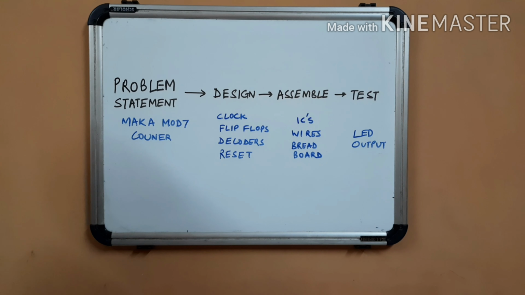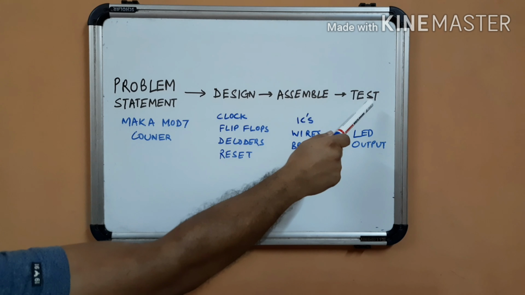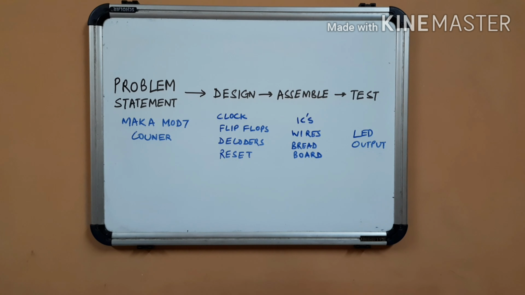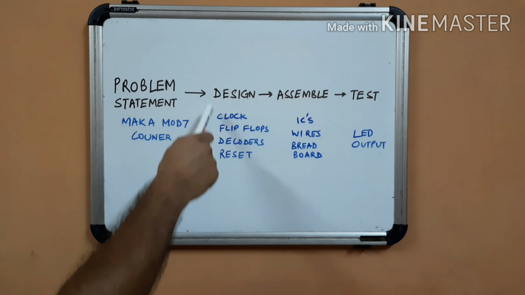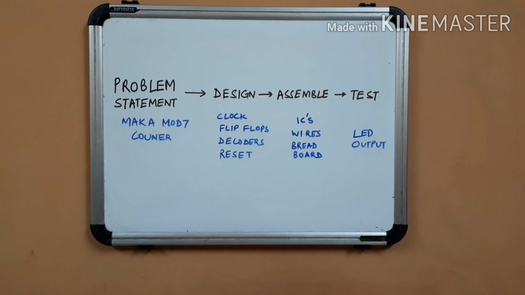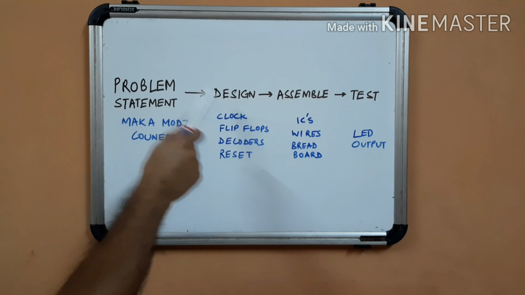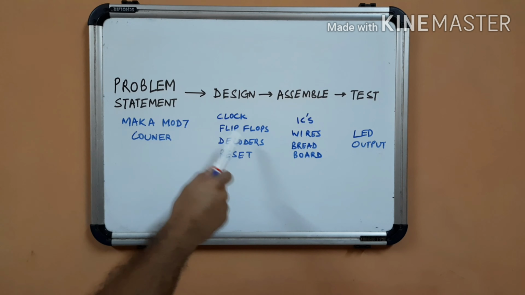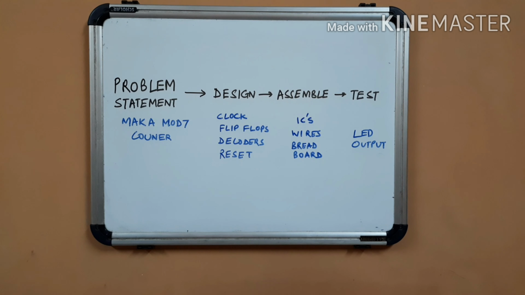Let's take for example, we want to build a mod 7 counter. This is a problem statement and this is the design flow. We first design it on pen and paper. We'll require a clock, some flip-flops, some decoders and a reset circuit.